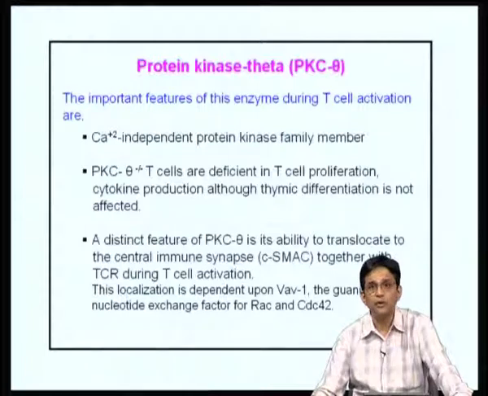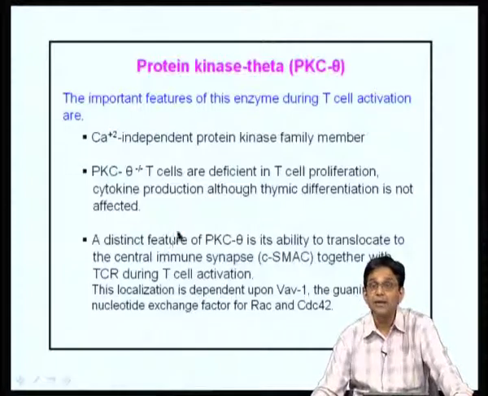We will now discuss some important molecules in T cell activation. The first one is protein kinase C theta. Now, there are different protein kinases. The one that is thought to be physiologically important for T cell activation is PKC theta, and this one is a calcium independent protein kinase family member. The PKC theta knockout mice are deficient in T cell proliferation and cytokine production, although thymic differentiation does not appear to be affected.